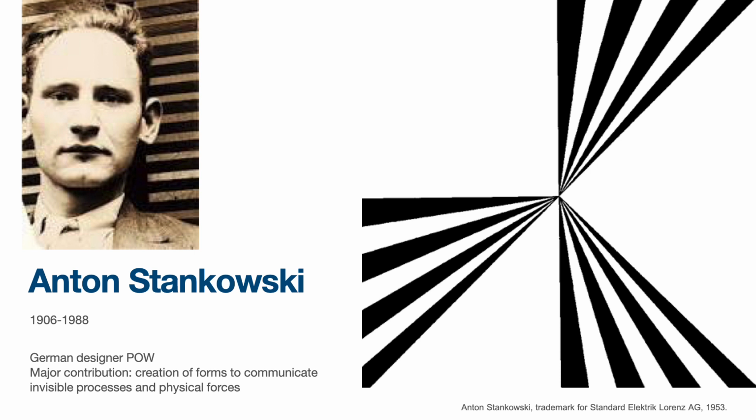If you're looking at this one to the right, it is a trademark for Standard Elektrik Lorenz. Dynamic equilibrium is achieved by asymmetrical construction in an implied square, signifying communications, transmission, and reception. Very disjointed in how he did his things. That's how he was able to create and get the results of these fractal-like structures long before they became popular.